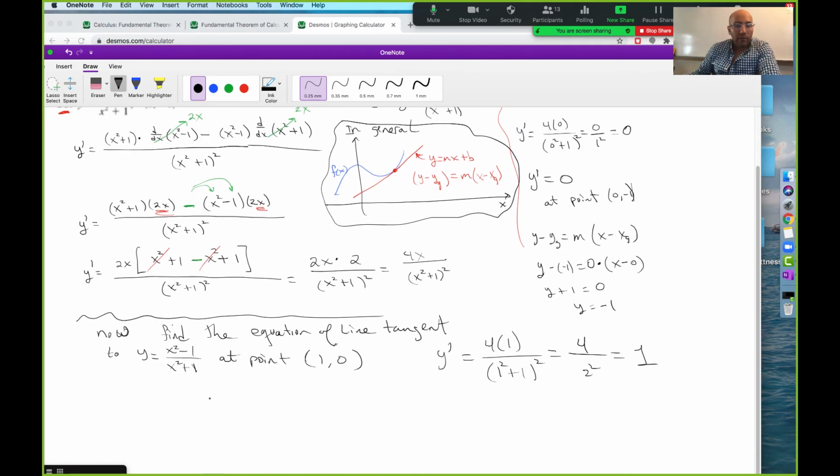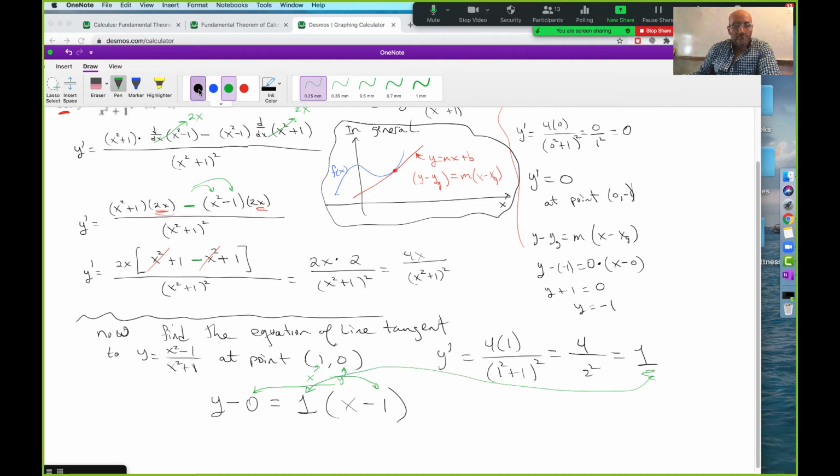And so now if I go back to my function, the equation of the line tangent is going to be y minus 0 equal to 1 times x minus 1. Good. This is the x that goes in there, this is the y that belongs in there, and this is the m that goes in there.